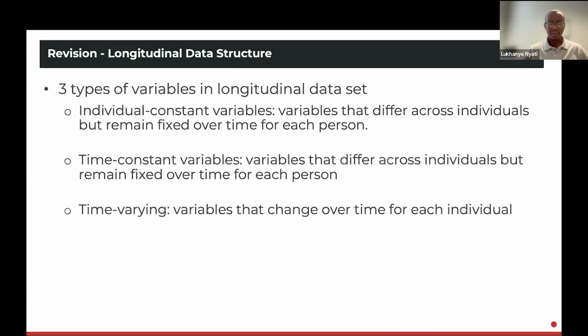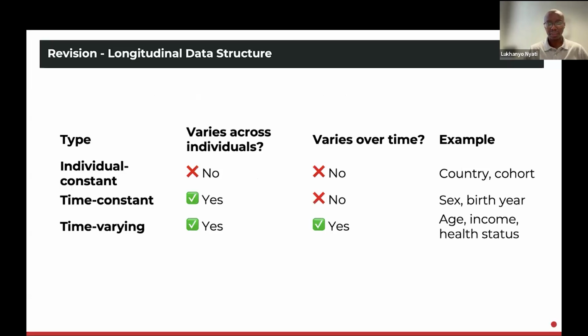Sorry, this is a repetition of the same type of variable. It's going to be explained in the next slide. You've got time-varying variables, and those are variables that change over time.